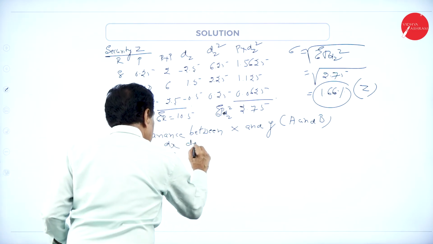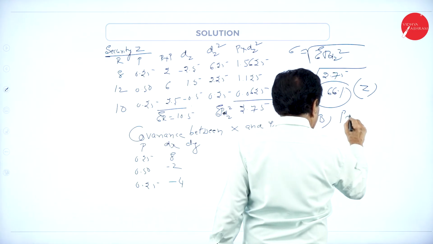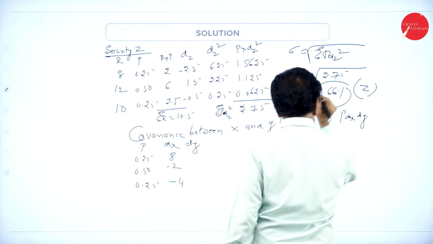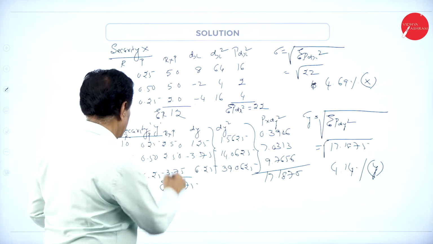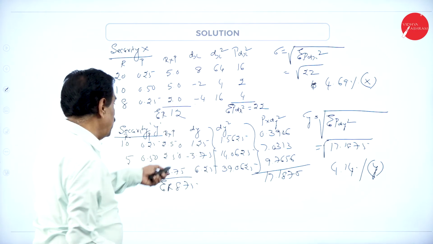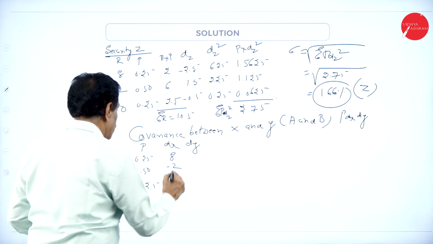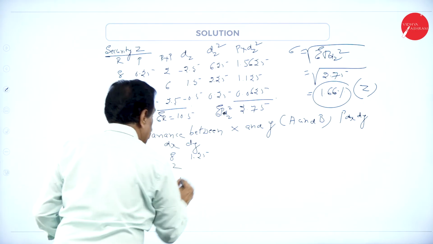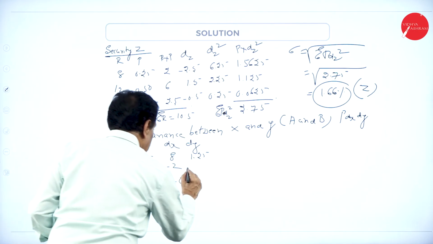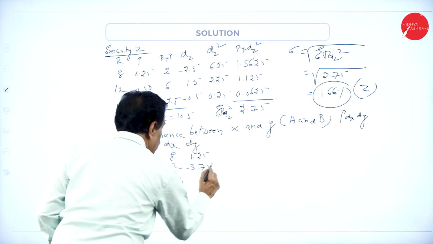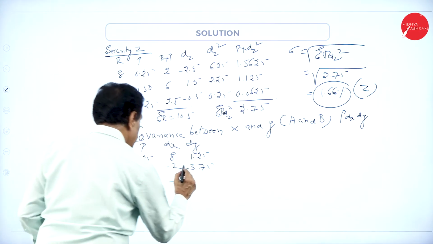Then dy. What's the formula? Covariance is sigma p dx dy. Deviation of y: 1.25, minus 3.75, 6.25.